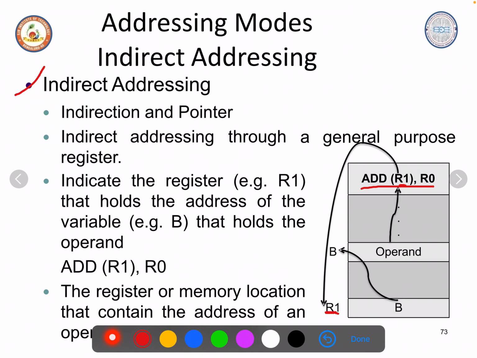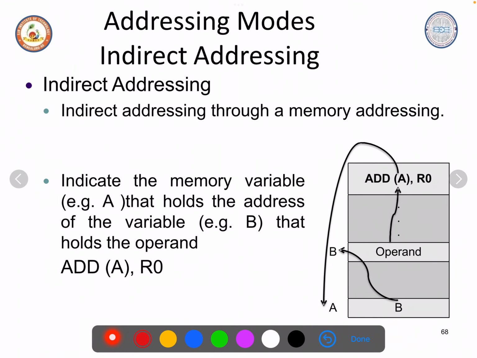It is holding the address, and the content will be there. The content present at that address is the operand that will be copied over. So it is the case of indirect addressing mode.